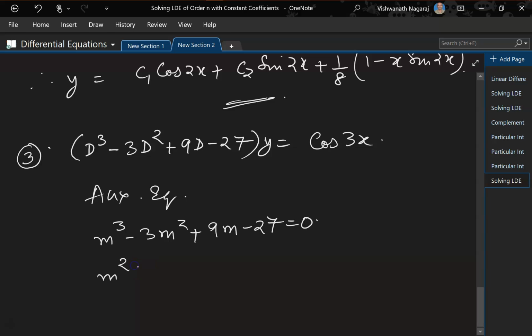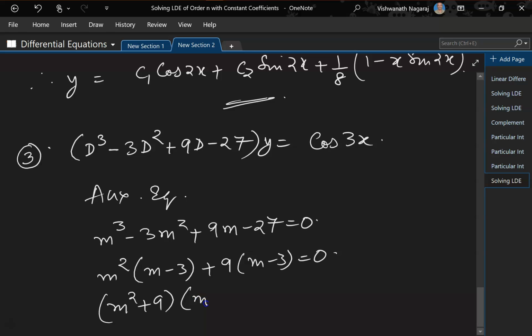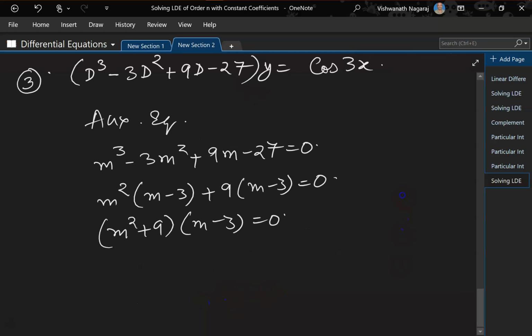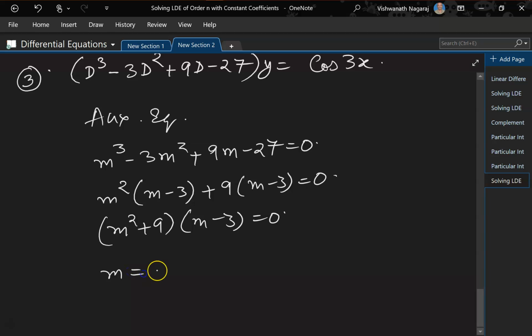And this can be factorized in this way: m square plus 9 times m minus 3 equal to 0, which means m is equal to 3, plus 3i, minus 3i.